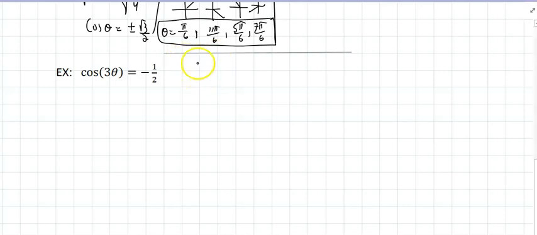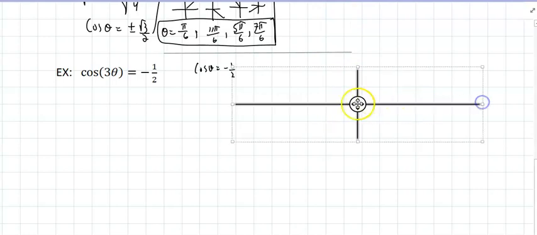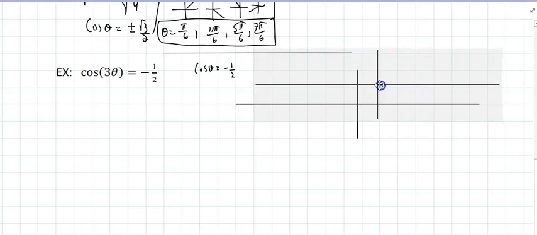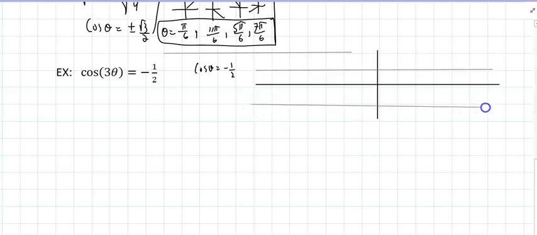If you are looking at the cosine of theta equal negative 1/2 versus cosine of 3 theta equal negative 1/2, and if I just wanted to go only between 0 and 2 pi, so if I graph y equal 1, y equal negative 1, and if I take this graph, a cosine, there is one full cycle.